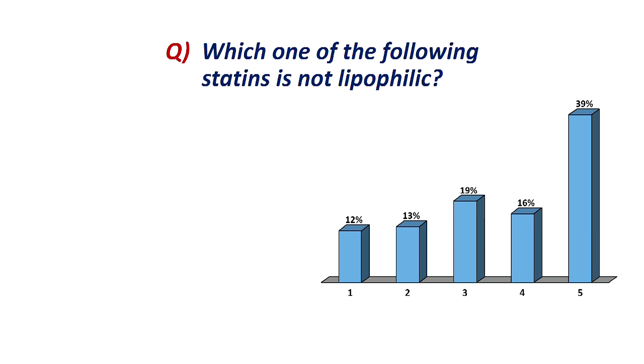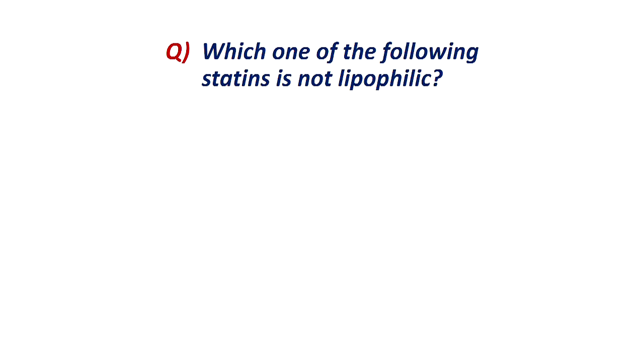So let's see. The correct answer is rosuvastatin. So the two statins which are not lipophilic are rosuvastatin, or Crestor, and pravastatin. And both are not extensively metabolized by the CYP3A4 mechanism in the liver.